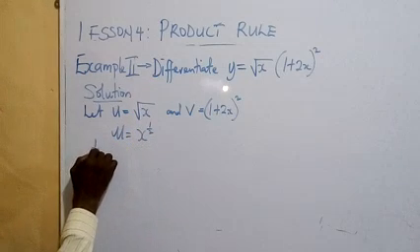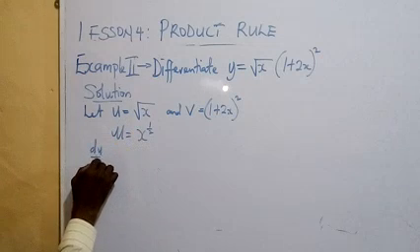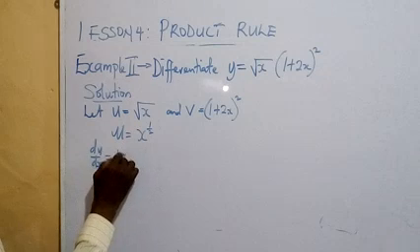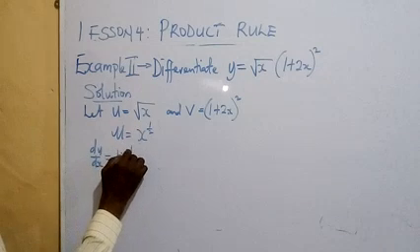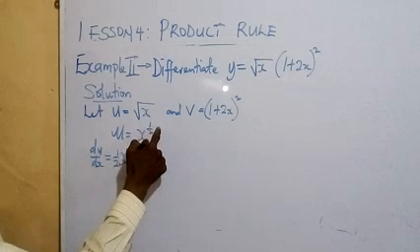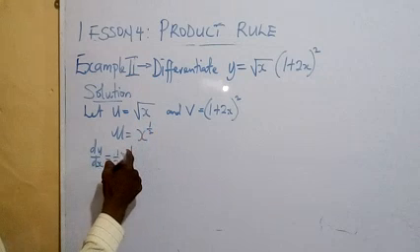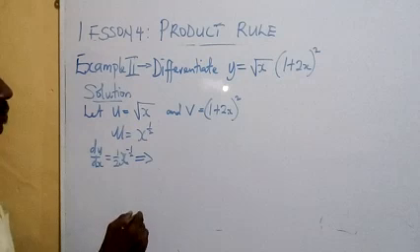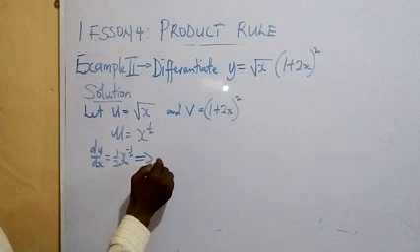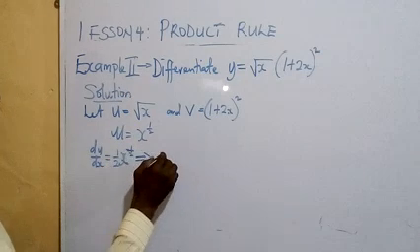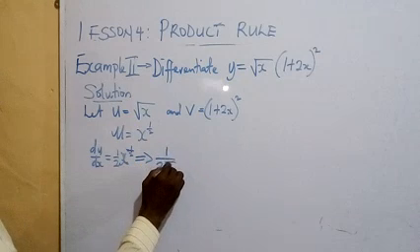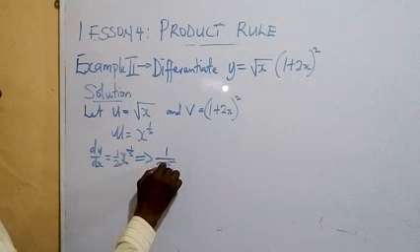Therefore, du/dx here equals 1 over 2 x to the power half minus 1. Half minus 1 is minus half. Therefore, this will become 1 over 2 root x.